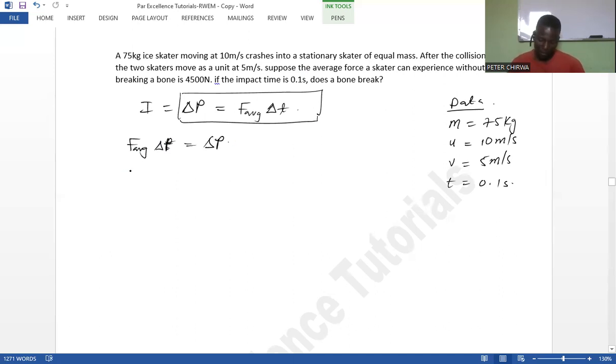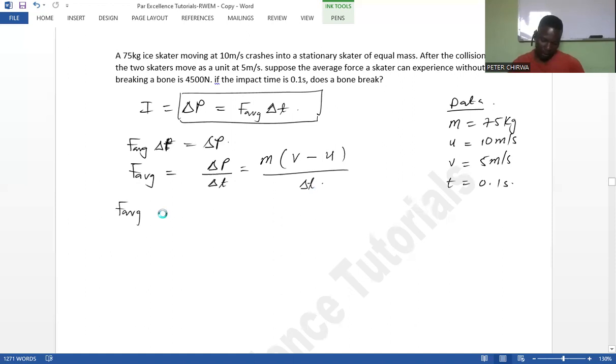So average force is the change in momentum over the change in time. And for the change in momentum, we've been told the mass is the same here, so we're just going to factor out the mass, and we have final velocity minus the initial velocity over the change in time.